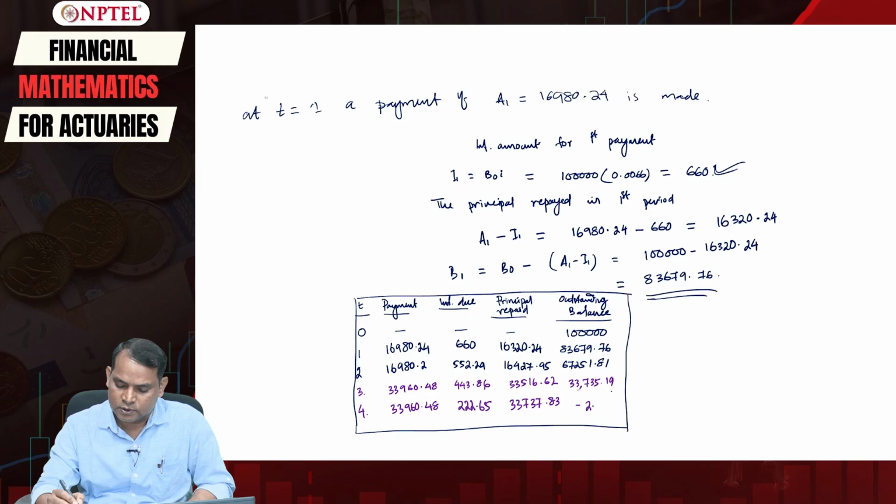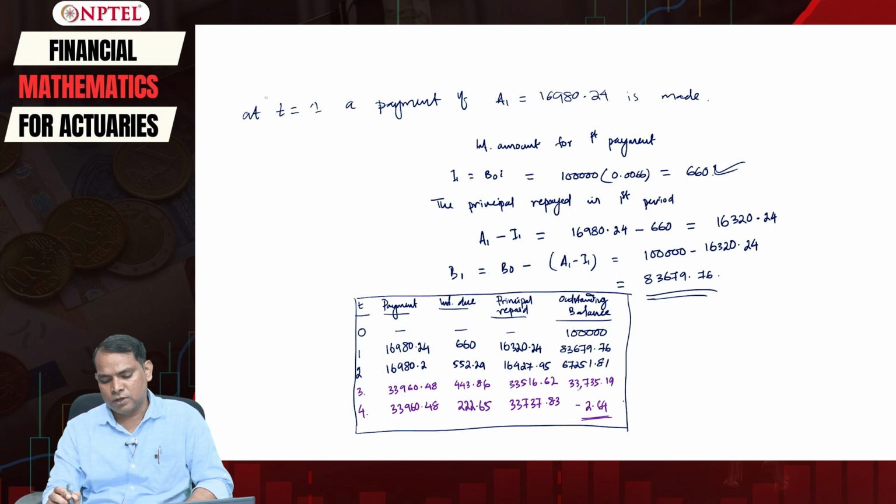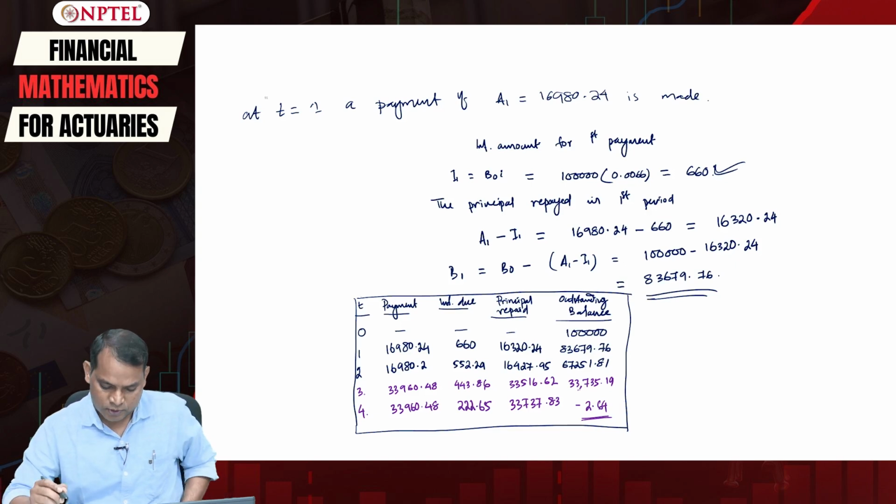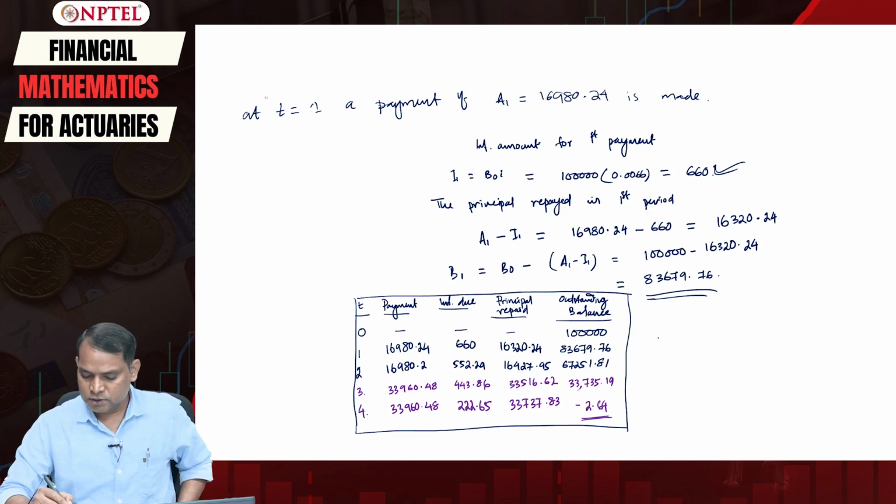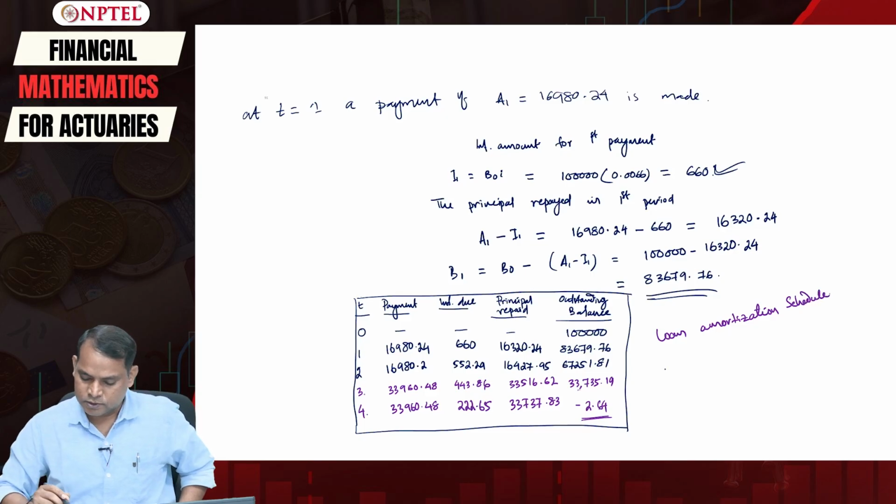So the outstanding balance will be only this one. This is rounded up to 0 and you can get the loan amortization schedule. This is the loan amortization schedule that is required.